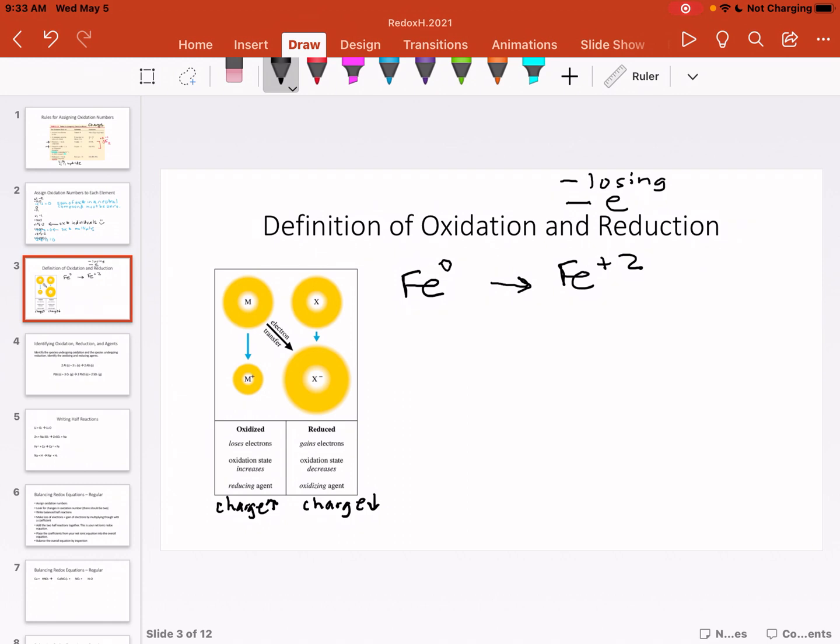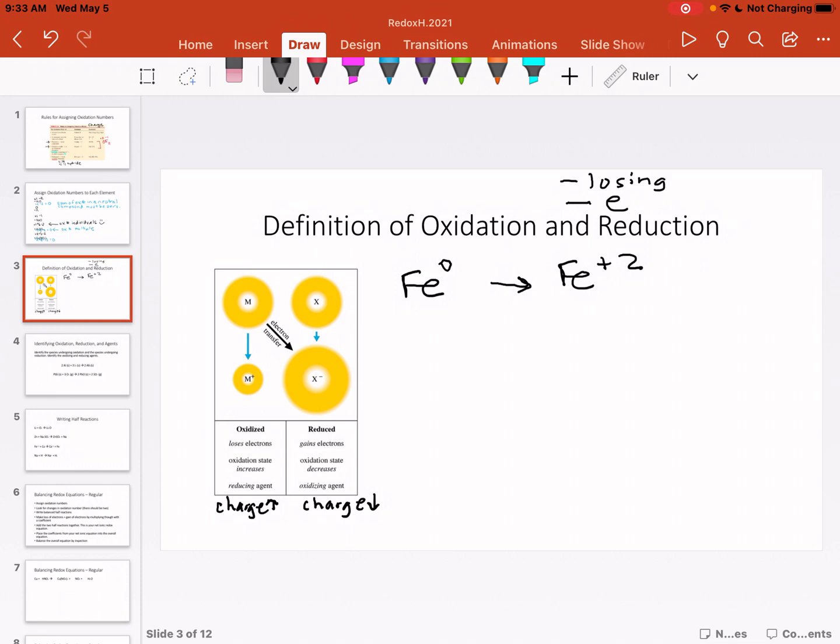And so my equation right now is balanced according to mass. But it is not balanced according to charge, because on one side my charge is 0, the other side it's +2. So I have to balance the half reaction that I just wrote for oxidation by adding electrons to the high side, again, electrons being negative, to bring that high side down to match the low side.